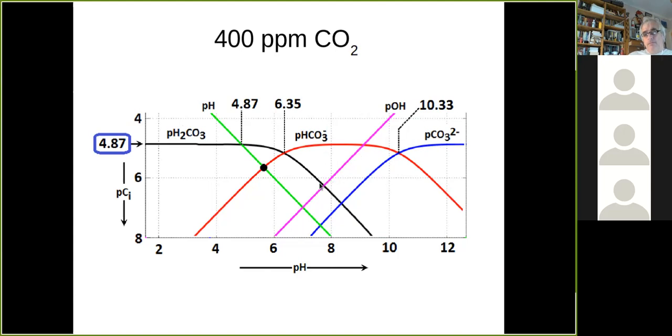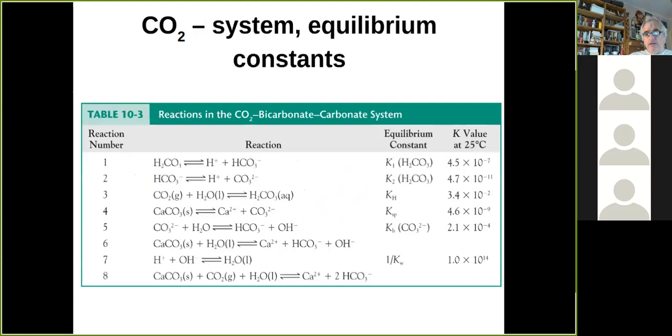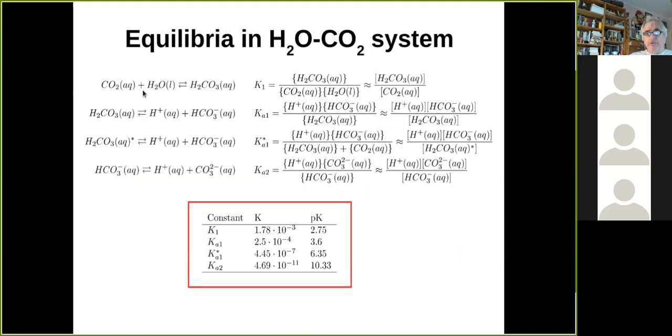Now, if you have carbon dioxide from the atmosphere and assume that it is 400 ppm, then looking at this equilibrium, how much is dissolved and how much is then converted to carbonic acid?